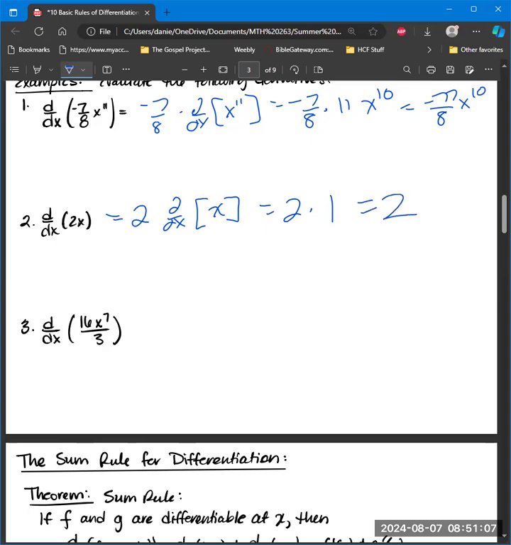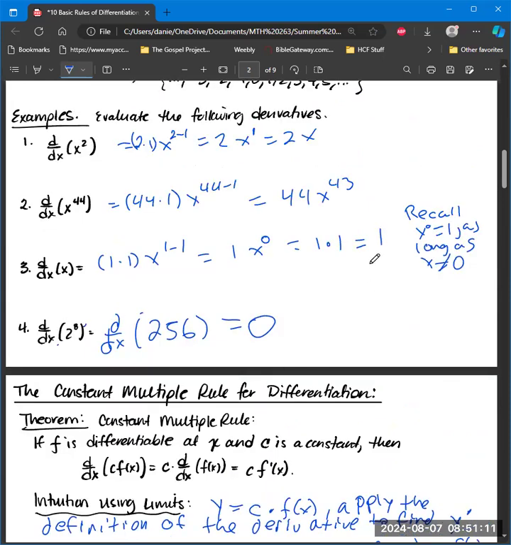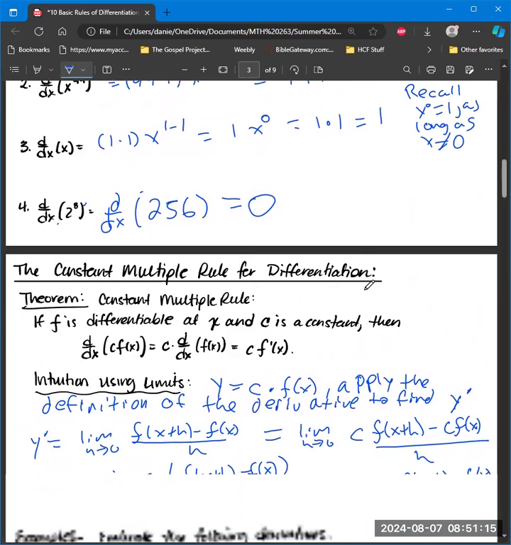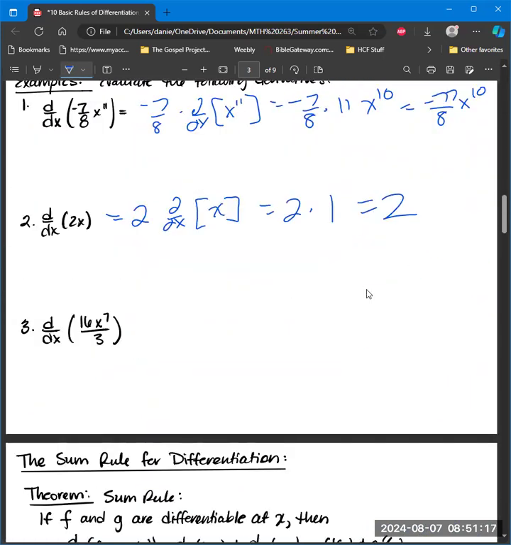It's going to be 2. We already took the derivative with respect to x earlier and found it to be 1. So that's a special rule. Now we have 16/3 times the derivative with respect to x of x to the 7th.